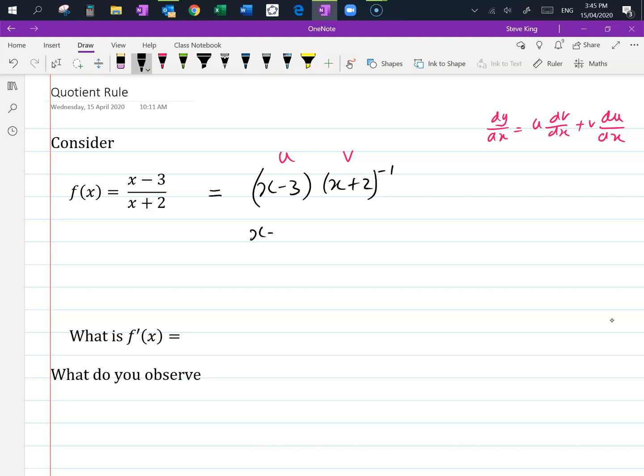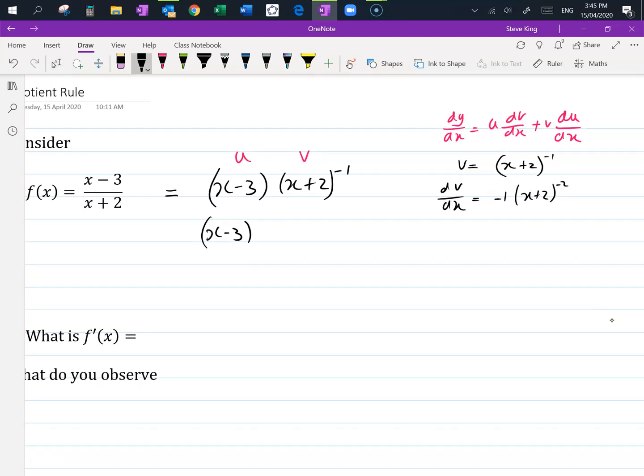So it's going to be x minus 3. And I've now got to take the derivative of v. Now v is x plus 2 to the minus 1. It's a compound function. So if I want to find dv dx, I'm first of all going to say it's going to be this, minus 1 times x plus 2 to the minus 2.